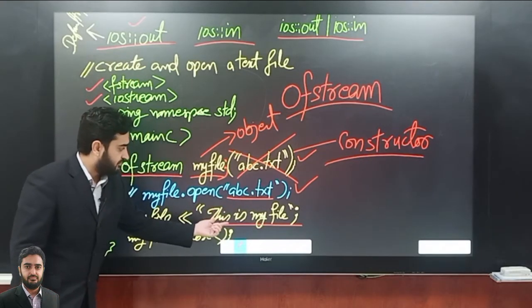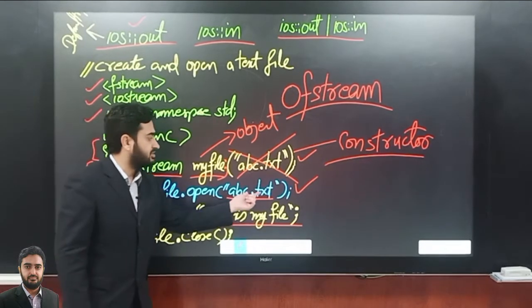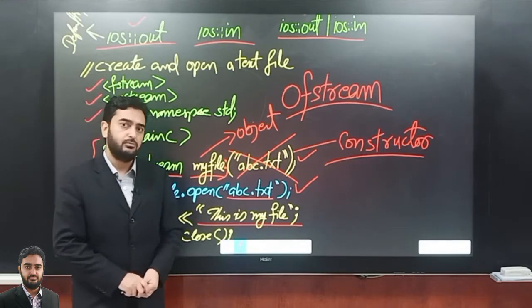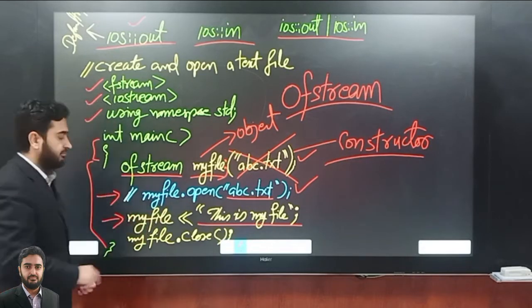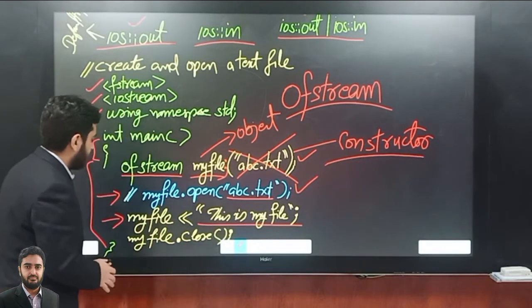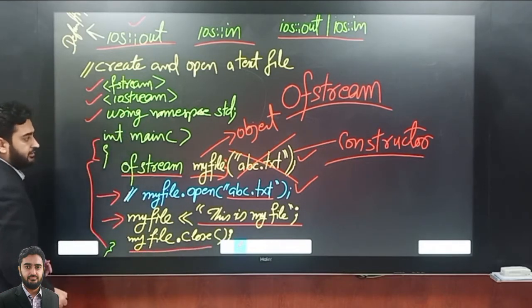This statement will be written in the file abc.txt. So this file will be created or opened, and this statement will be written in the file, and after writing it we are going to close the file, and then we finish our program by closing our main function.